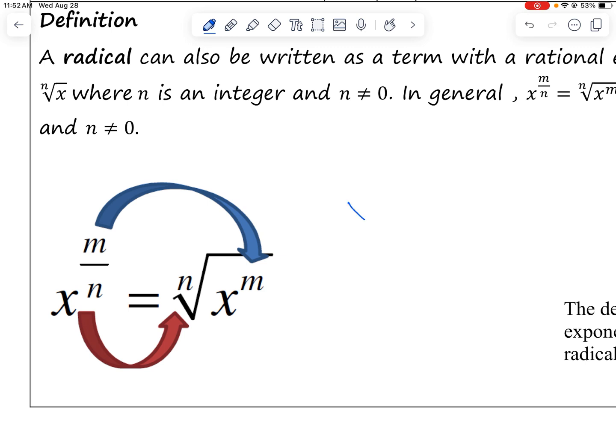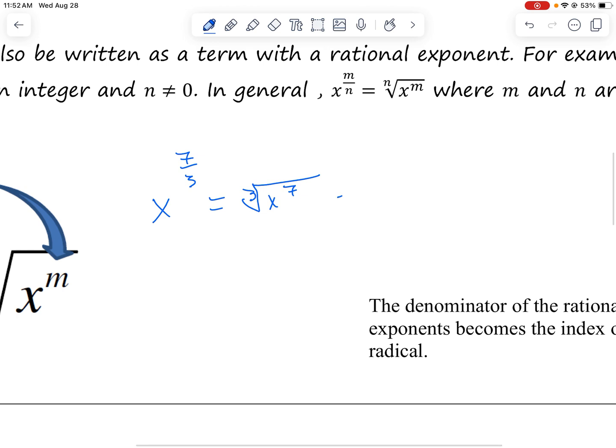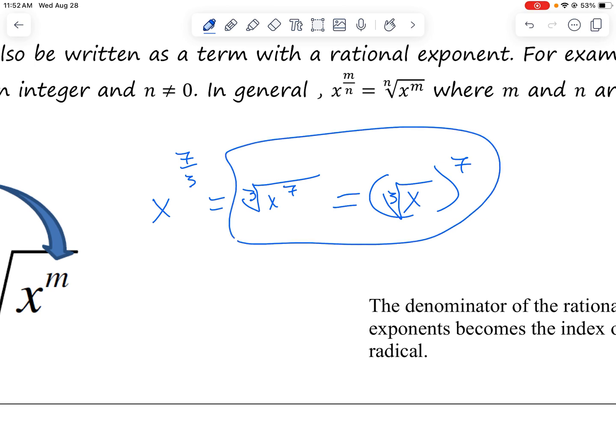So if I have x to the 7/3, that's going to be the third root of x to the 7th. You can reverse the order, so you can have the third root of x and then the 7th power outside, and that's fine. These two are equivalent to each other. But that's what's going on in the notes.